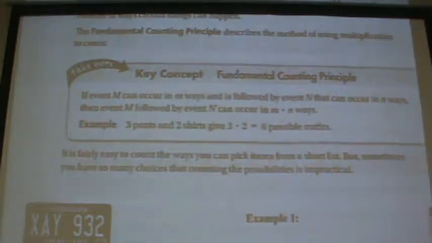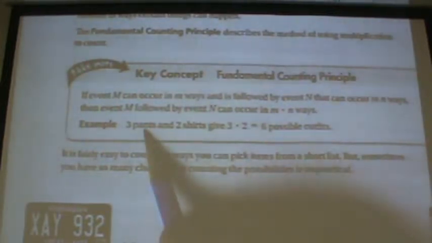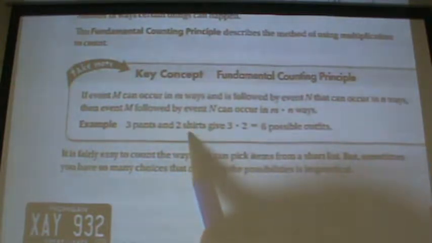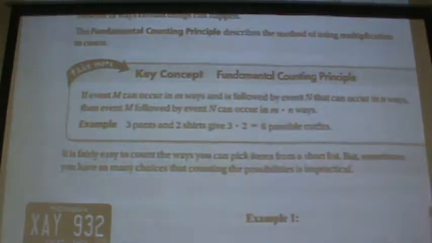How many outfits can you possibly have? So you would multiply 3 by 2 and you'll get 6 outfits. And that's basically all the fundamental counting principle says, is that you can multiply however many of one thing you have times however many of the second thing you have, and that's how many possible combinations you can have.